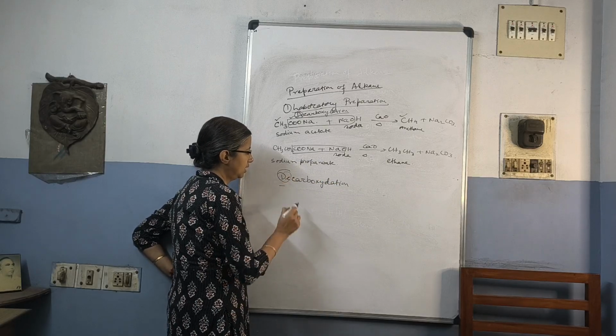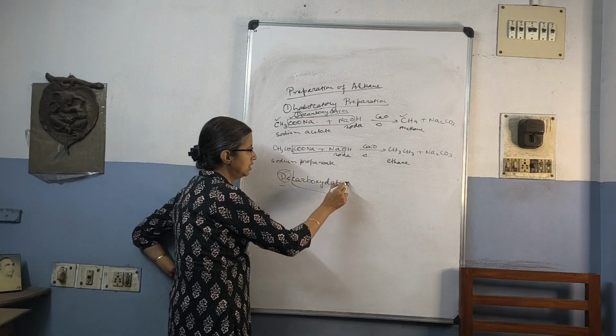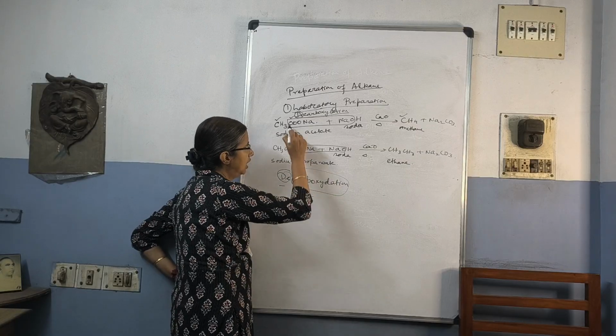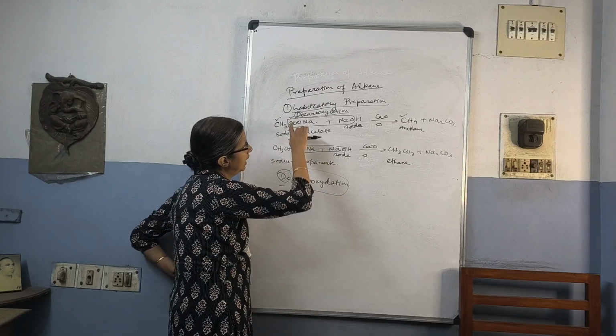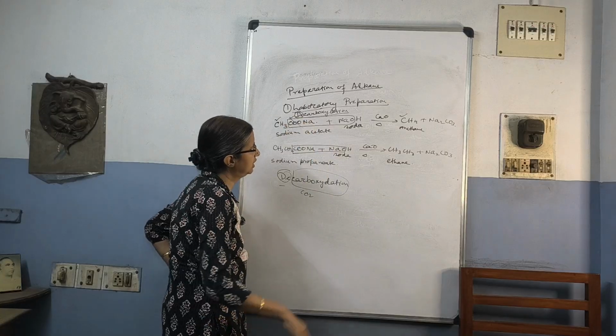D means minus. Carboxylation means carbon dioxide. We are eliminating this carbon dioxide. That is why it is called decarboxylation.